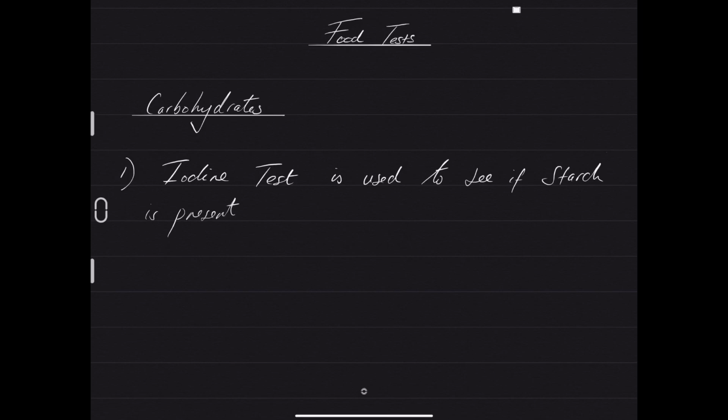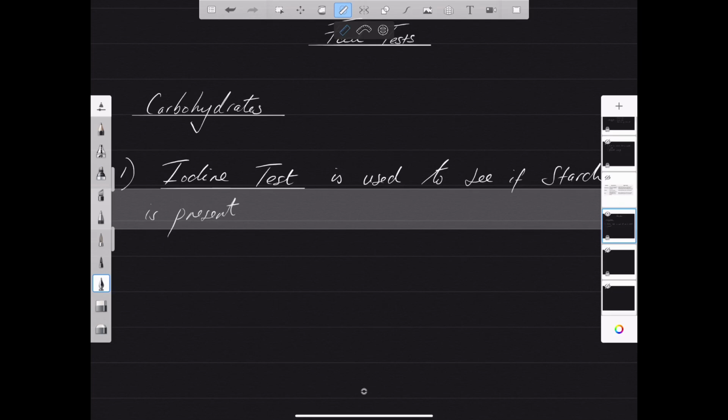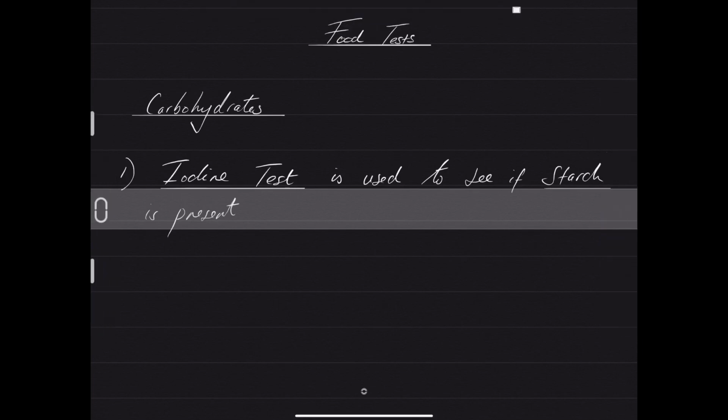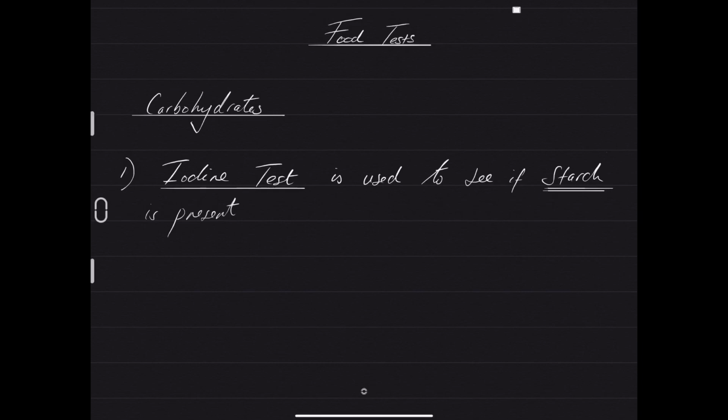Okay, so this is what the iodine test is used for. So this is the name of the test, and what you're testing for is starch. Okay, so could you just quickly make a note of that? The first test is known as the iodine test, and we test for starch.